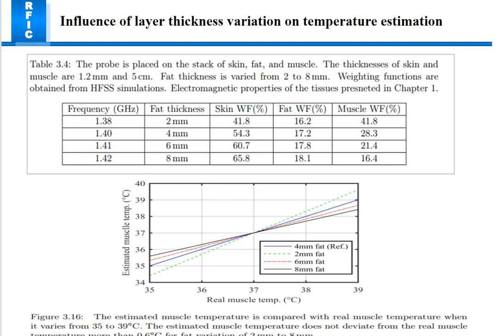Next was the influence of layer thickness variation on temperature estimation. This is the probe placed on the stack of skin, fat and muscle. The thickness of skin and muscle are 1.2 mm and 5 centimeter, and the fat thickness is varied from 2 to 8 mm.